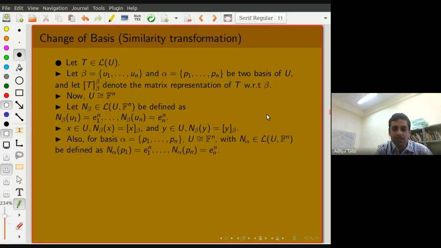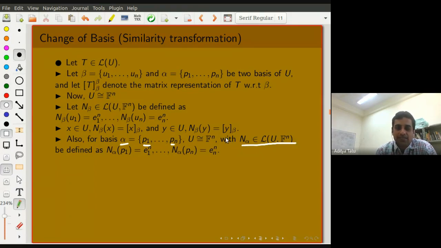Now similarly, if I have a different basis of the same vector space, alpha, let's say the basis contains p1 to pn elements. Using this alpha, I can come up with a different isomorphism. I've already proved U is isomorphic to Fn, but that doesn't imply that there exists only one isomorphism.